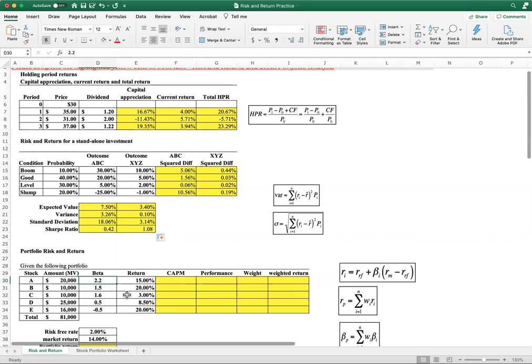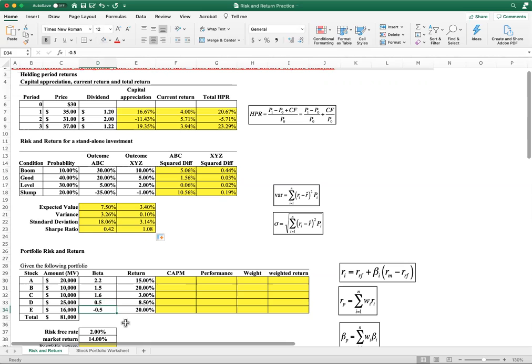Beta is the co-movement, the magnitude of co-movement between one stock and the market. So A here is 2.2, right? It means it's positive 2.2. It means if the market returns 10%, then how much is stock A's return? It's going to be 22%. That's why the beta is 2.2. Let's look at E. This is negative 0.5.